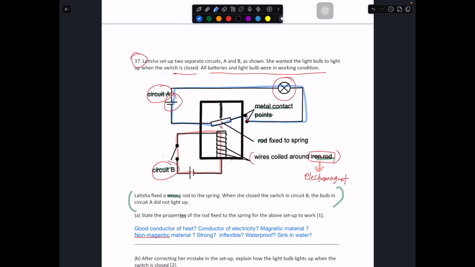So when they say this is a wrong rod, it means that the metal rod is not attracted to the electromagnet. Most likely this rod is a non-magnetic material, and it might also be that it cannot conduct electricity.